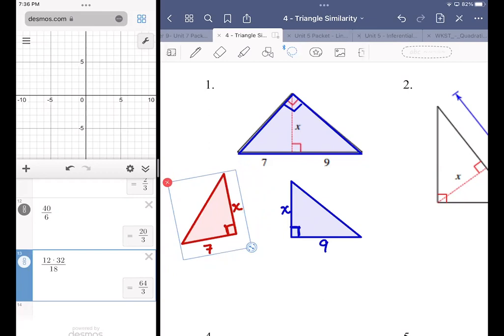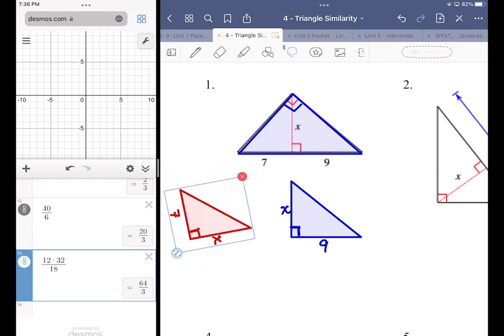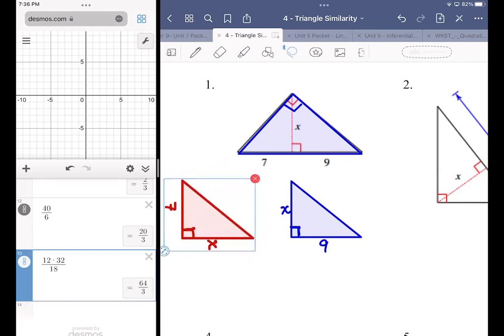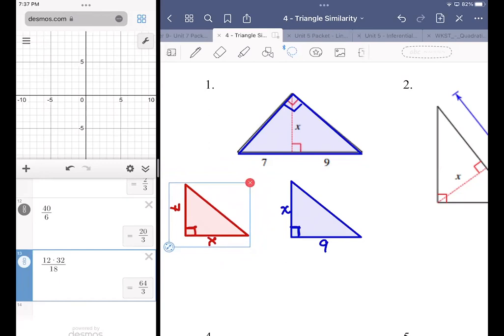But if I orient it this way, the right angle's on the left-hand side and we're in good shape, regardless of how small or big it's supposed to be, because I always lose that as I move it around. It's still going to have that similarity concept.